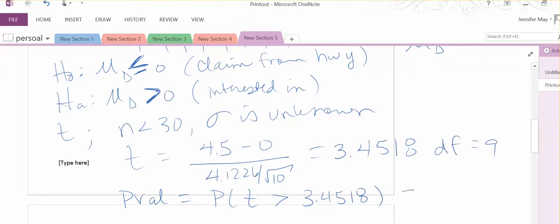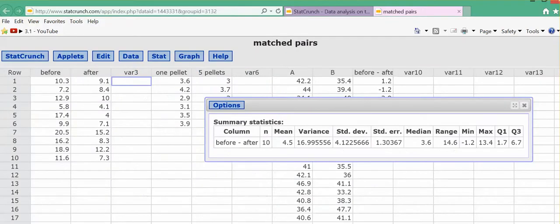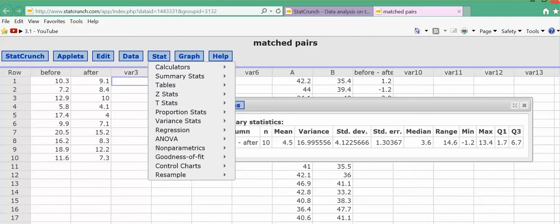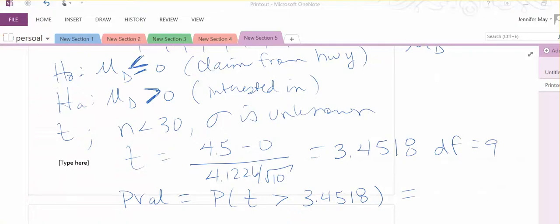And I can get this from my table, but I'm going to use StatCrunch. You could use your calculator. So let me show you. In StatCrunch, again, you have calculators under statistics. Maybe. I'm having so many difficulties with my technology tonight. Hold please. Okay, so apparently I have a virus, so I cannot show you.